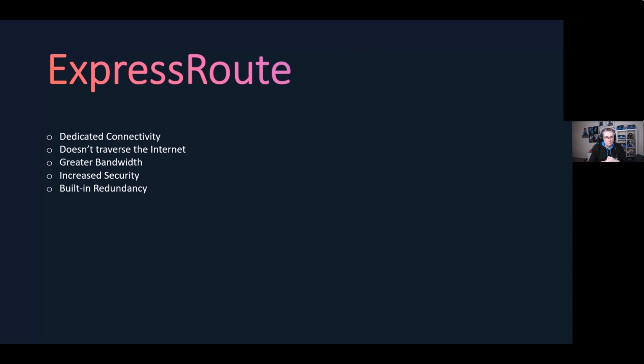That's a system called Global Reach, and it's a way of connecting distributed offices to each other without going over the public internet. So it's another way of increasing security for your on-premises networks by utilizing some of the offerings from Azure.